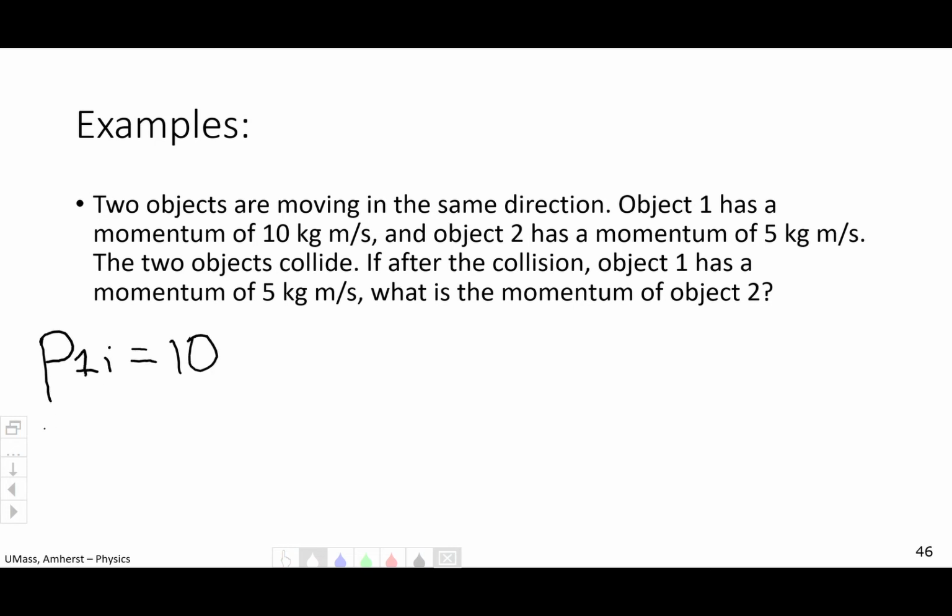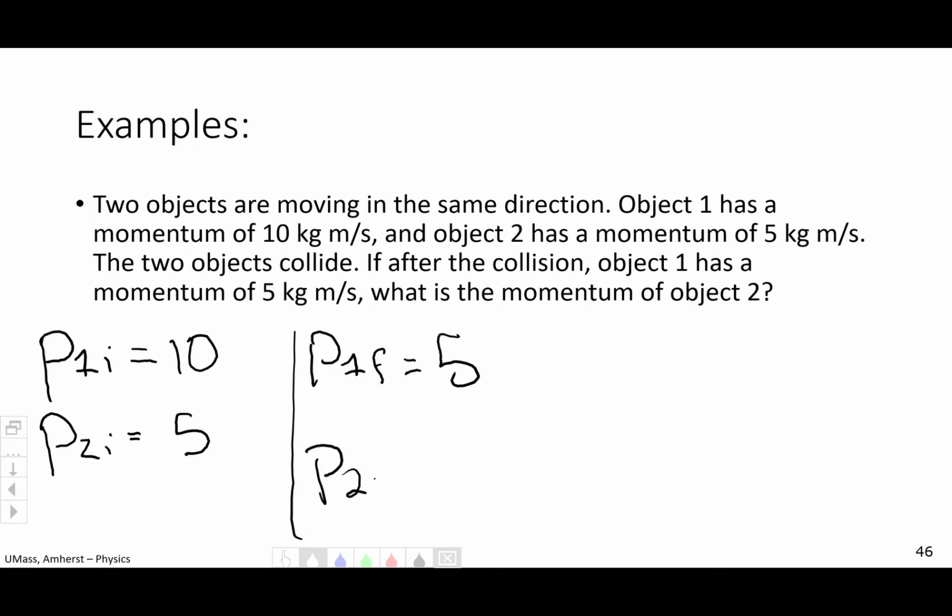Object 2 has a momentum, that's P2 initial, of 5. The two objects collide. So now that's the before stuff. Now we go to the after stuff. After the collision, object 1, P1 final, has a momentum of 5. Then we come up on the question of this problem, which is what is P2 final? What's the momentum of object 2?